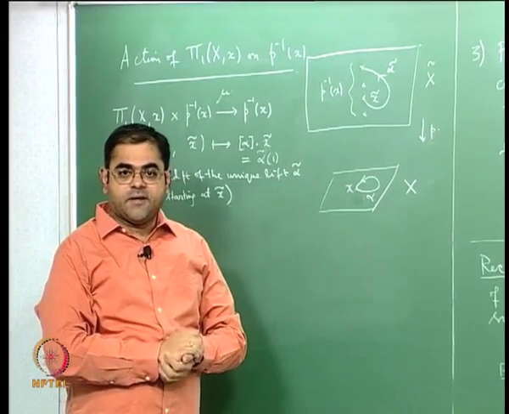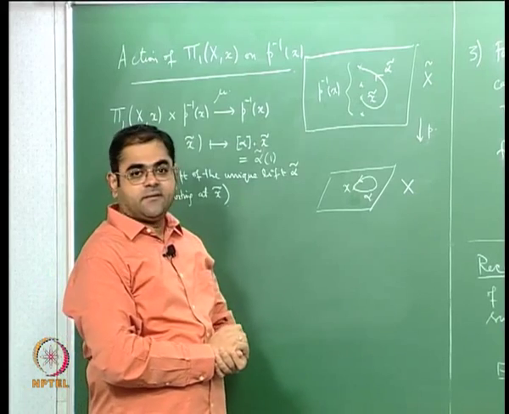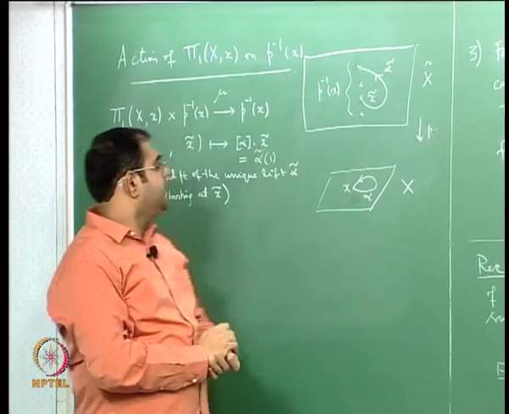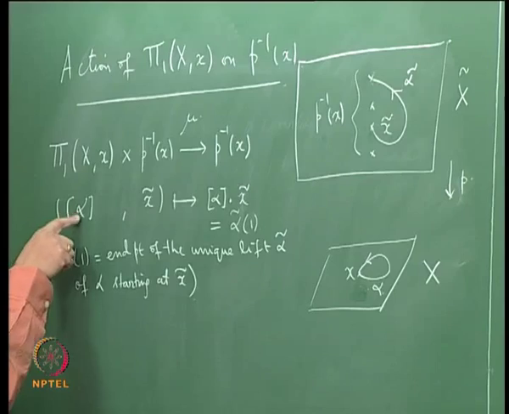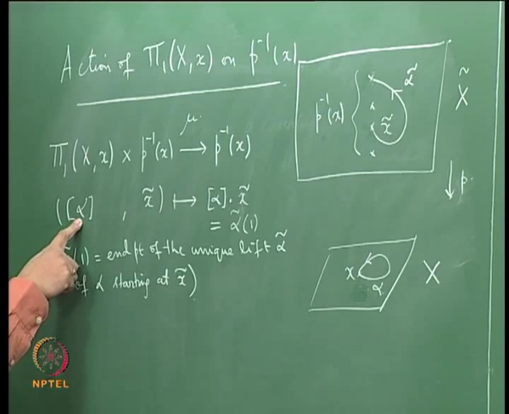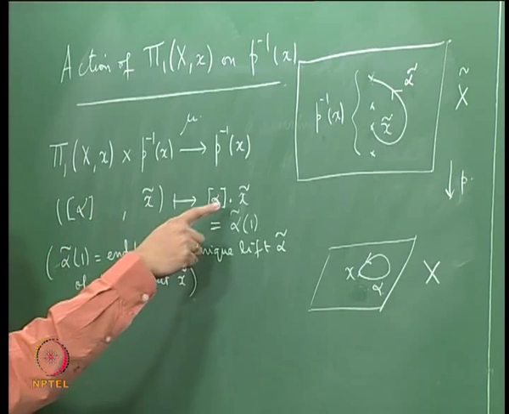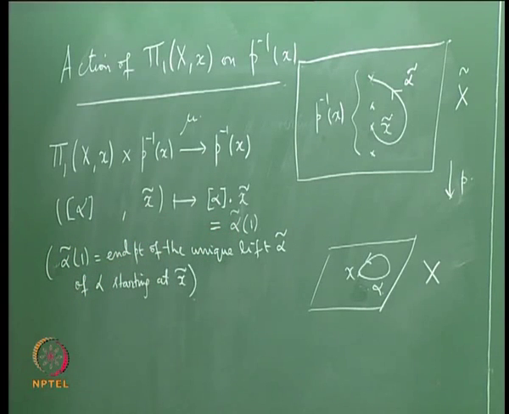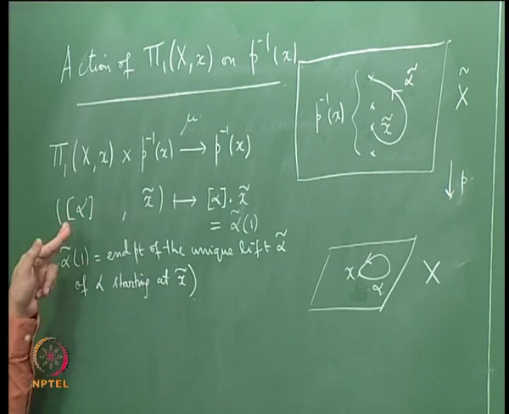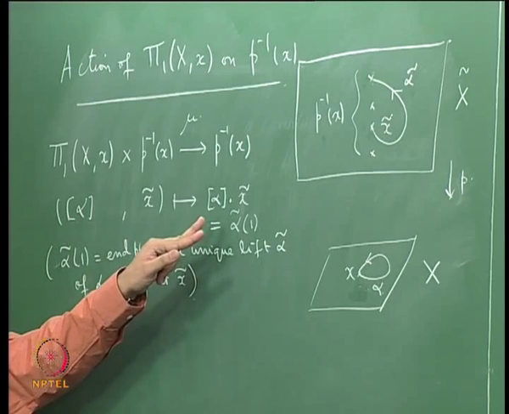So if you change alpha up to homotopy, this point is not going to change. So that's crucial to say that this map is well defined, right.